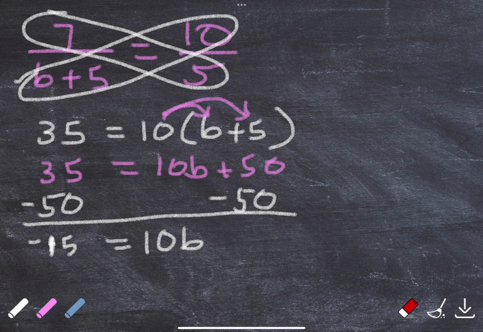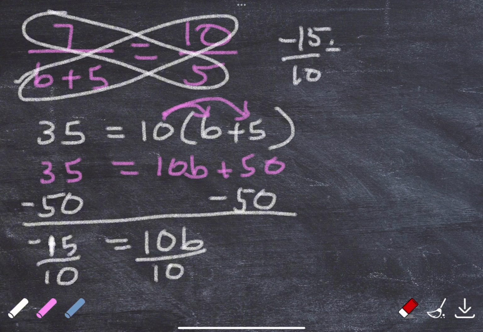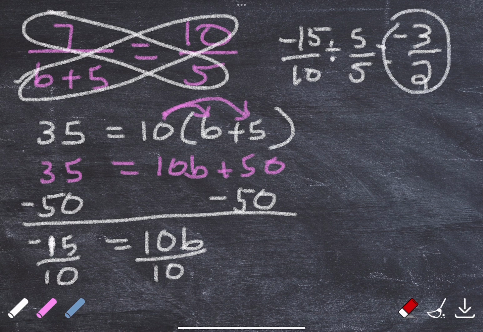Now I can isolate that variable by dividing both sides by 10, and 10 divided by 10 is 1, so I'm left with negative 15 over 10. Let's simplify this fraction by dividing it by the greatest common factor, which is 5. 15 divided by 5 is, you got it, 3. And 10 divided by 5 is 2. So my answer is negative 3 over 2. Great job!